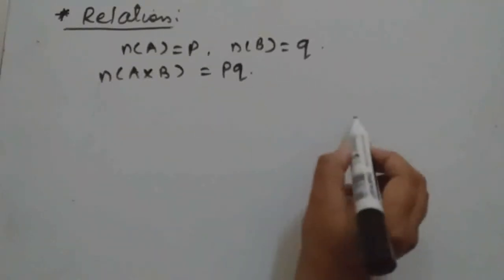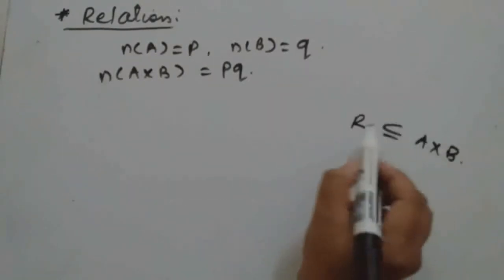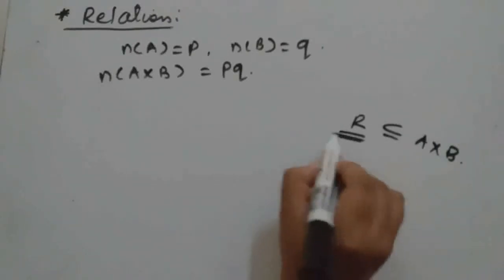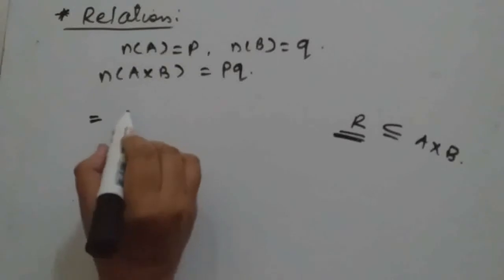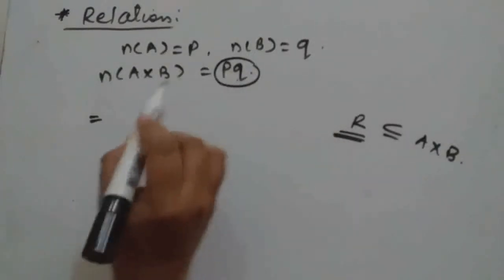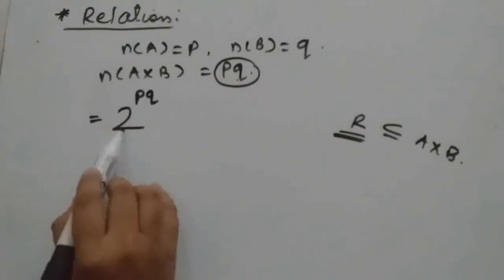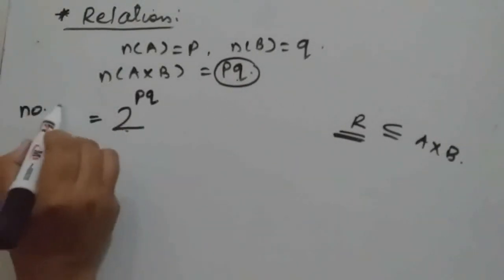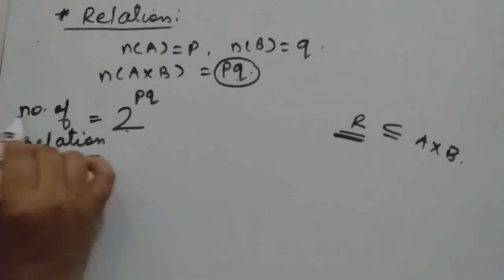We know a relation is a subset of A cross B, isn't it? How many relations means how many subsets. So we know one rule, the power set: if the number of elements in a set is pq, the number of subsets will be 2 power pq. So this is nothing but the number of relations for particular sets.